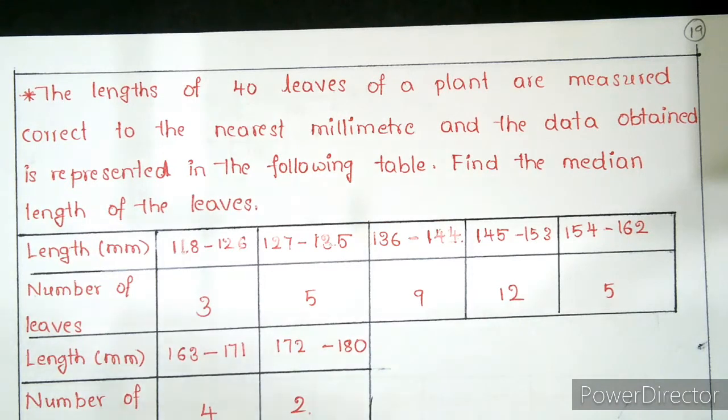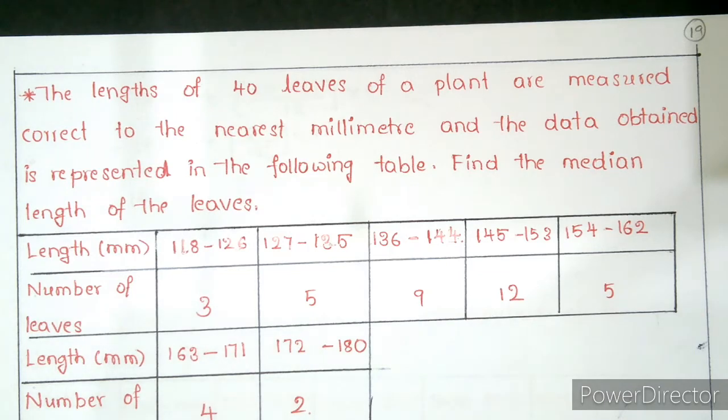The lengths of 40 leaves of a plant are measured correct to the nearest millimeter, and the data obtained is represented in the following table. Find the median length of the leaves.